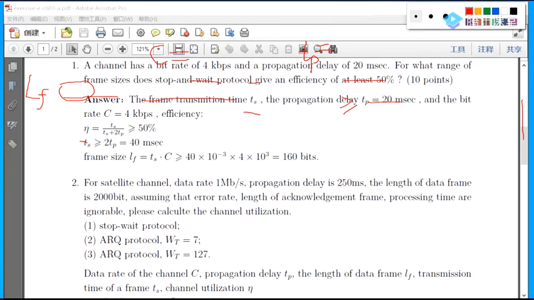So eta larger than or equal to 50% means TS is larger than or equal to 2TP.